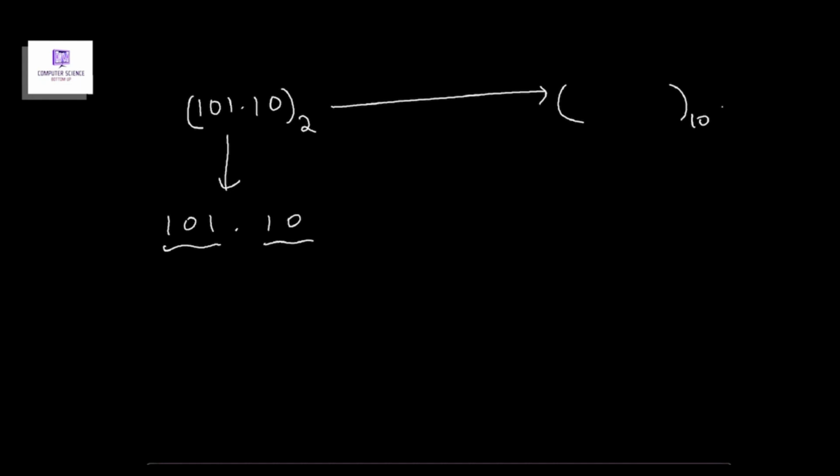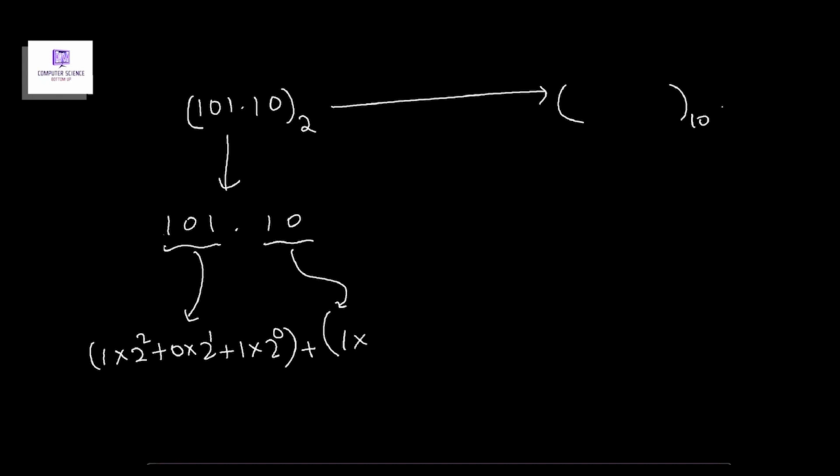So how are you going to expand it? This is going to be 1 into 2 to the power 2, plus 0 into 2 to the power 1, plus 1 into 2 to the power 0, plus 1 into 2 to the power minus 1, plus 0 into 2 to the power minus 2.